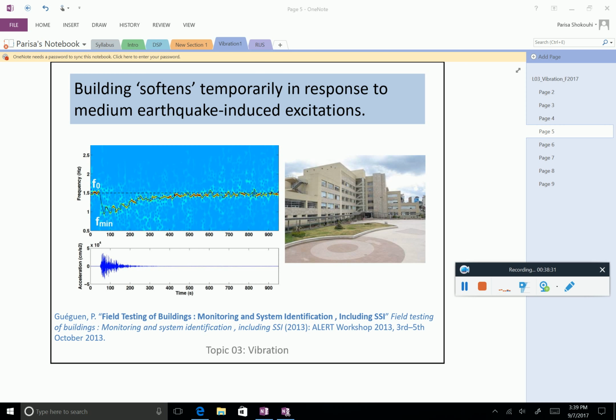This is another way of monitoring what's going on with the building. For example, you see that the resonance drops, so the material becomes softer, but then you also see that it goes back to where it was before. So that's kind of an assurance that the building is not totally damaged. So resonance is very useful here.